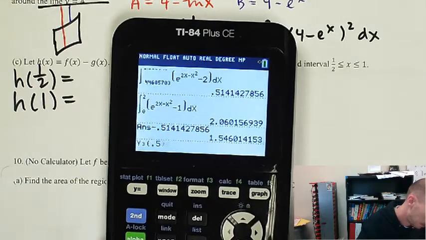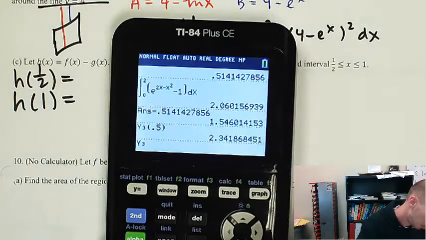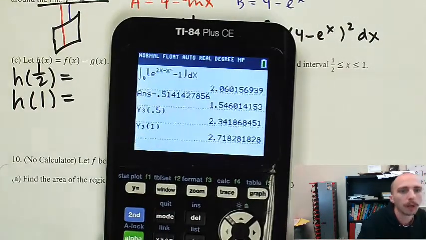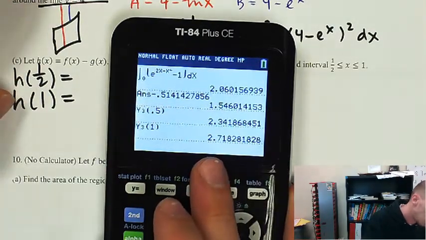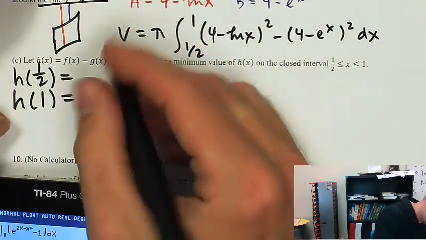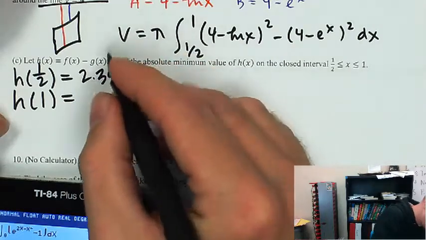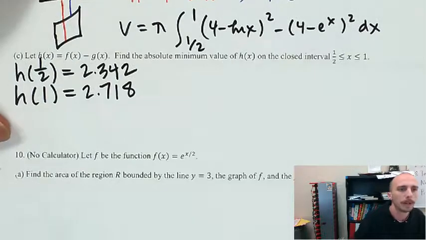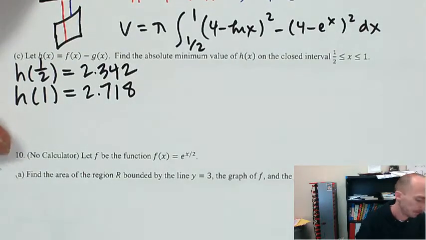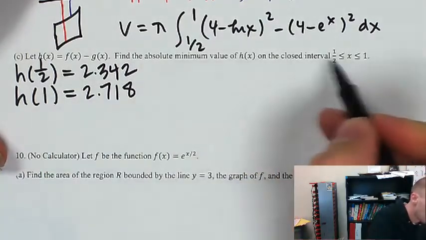I'm going to plug in 1/2, and I'm going to plug in 1. Okay, so I've got these, and I'm just going to relate those to you: 2.342 and 2.718.